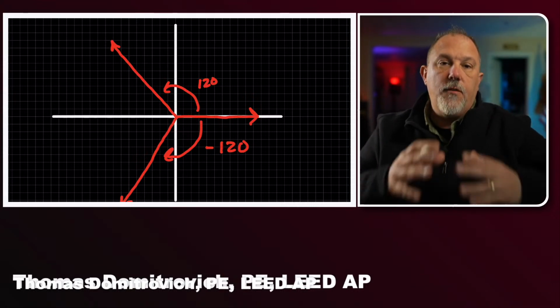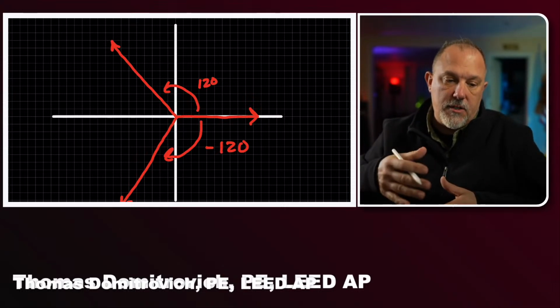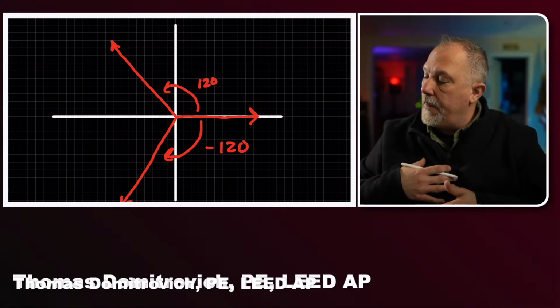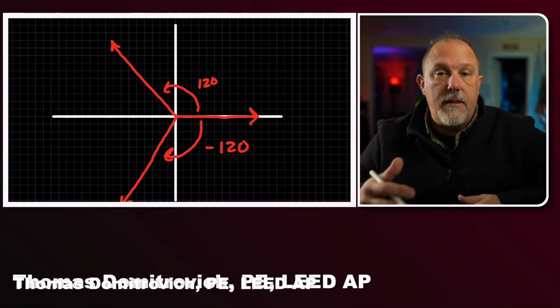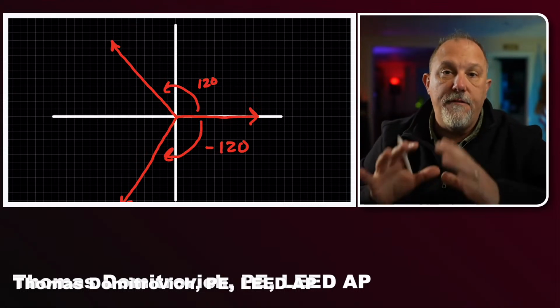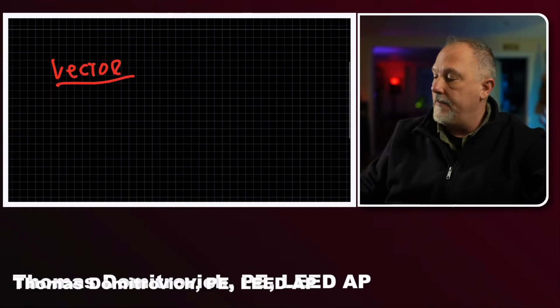Whenever we think about the math associated with a three-phase system, I represent, whether it be a voltage or a current, as what I call a vector. So what is a vector? It's not something from sci-fi.